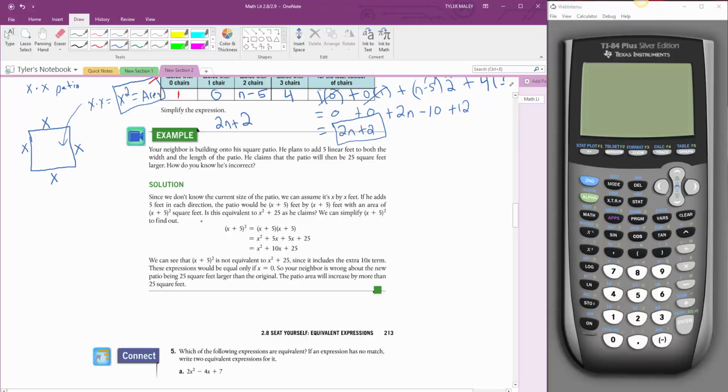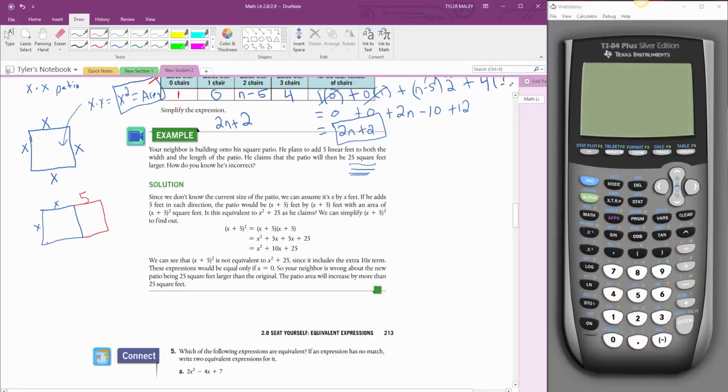So our neighbor is claiming that we're only adding on 25 square feet, right? So let's think about this a little bit. If I have my original patio that's x by x, this is x, and this is x. Then if I'm adding 5 feet to the length, here would be 5 additional feet.